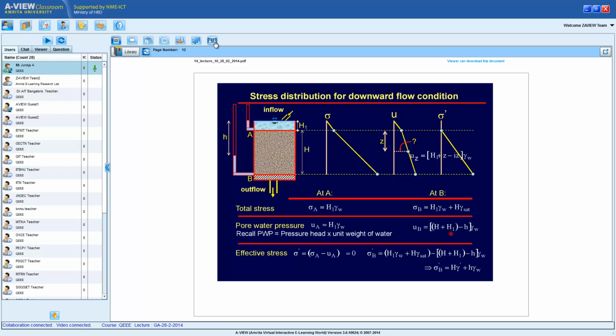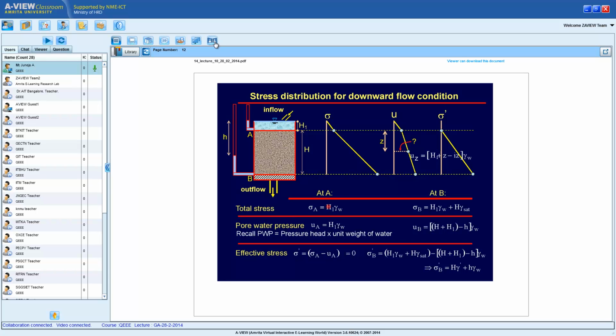It is the pressure head at B. Pressure head at B equals H plus H1, this whole thing, minus the head loss, or the total head loss, which is shown over here as small h. So pore water pressure at B equals this value times the unit weight of water. In other words, it's this height of water over here. So it's distance times the unit weight of water.